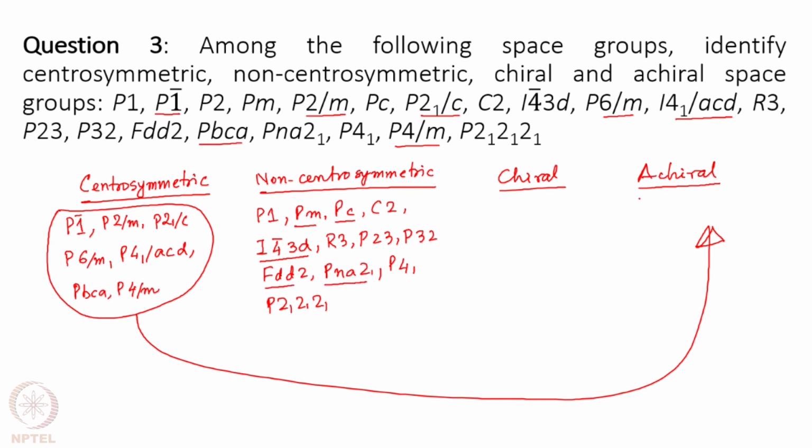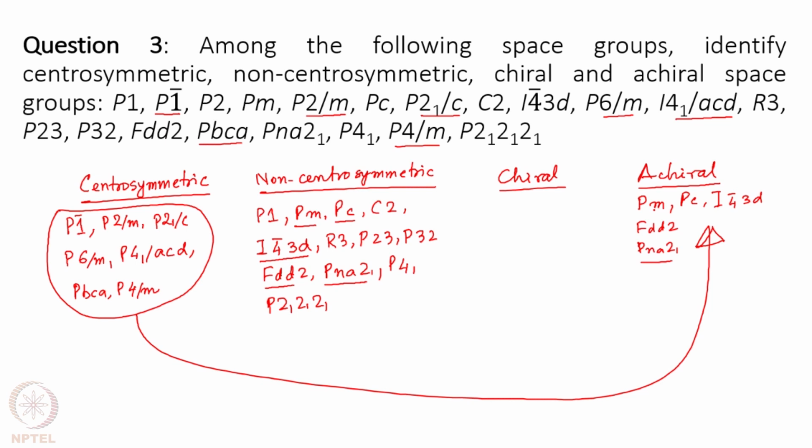So we can write those as well along with the centrosymmetric space groups: PM, PC, I4 bar 3D, FDD2, PNA21. These are non-centrosymmetric but achiral space groups, simply because these have at least a mirror or a glide plane.